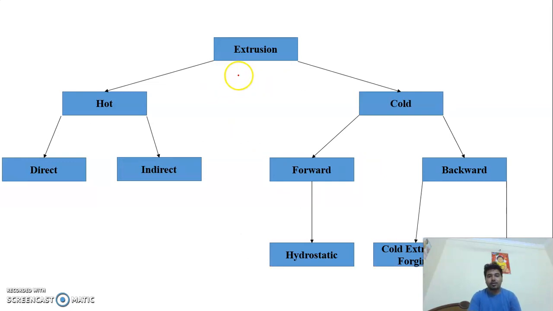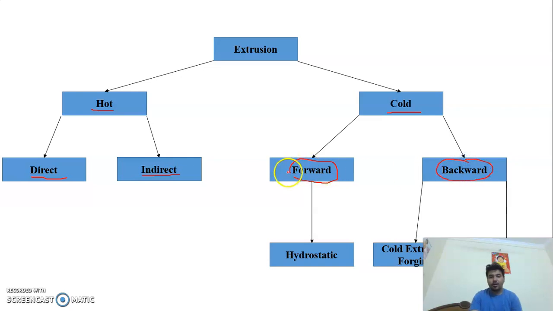This is the classification of extrusion. Extrusion is classified into two parts: hot extrusion and cold extrusion. Hot extrusion is classified into two parts: direct and indirect. Cold extrusion is also classified into two parts: forward and backward.